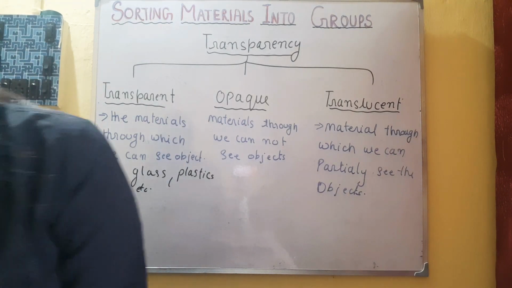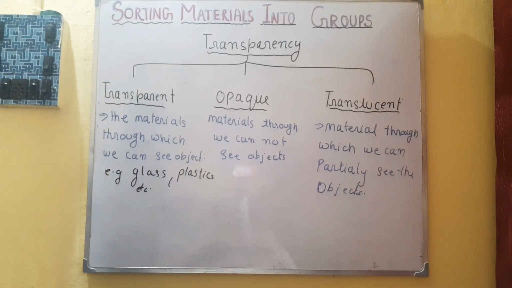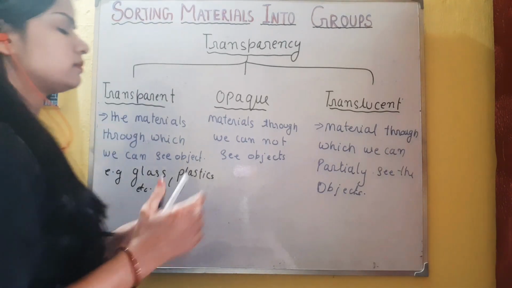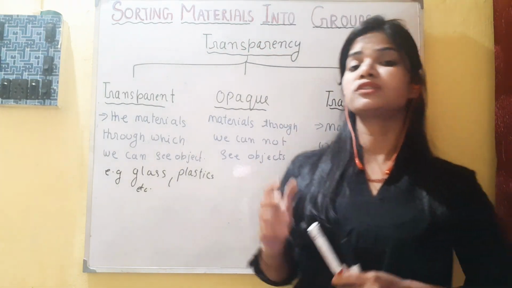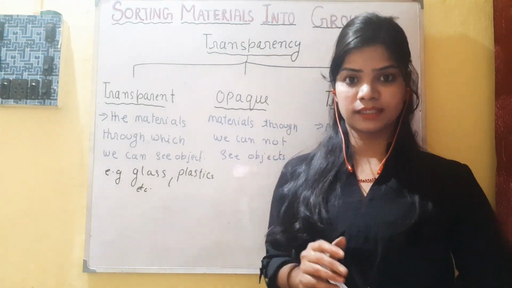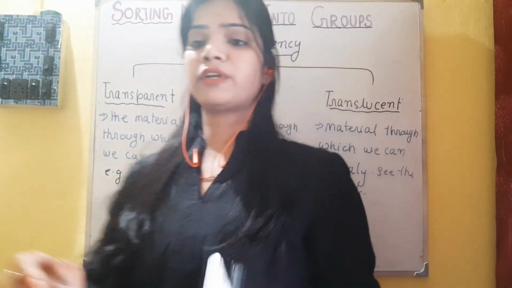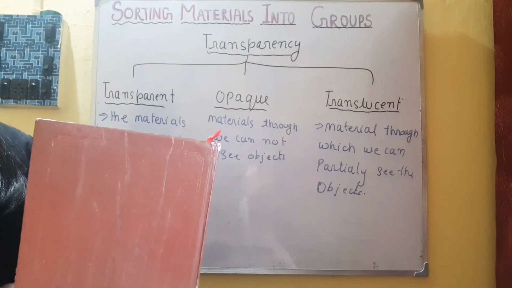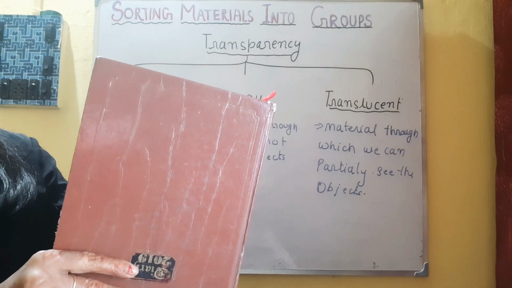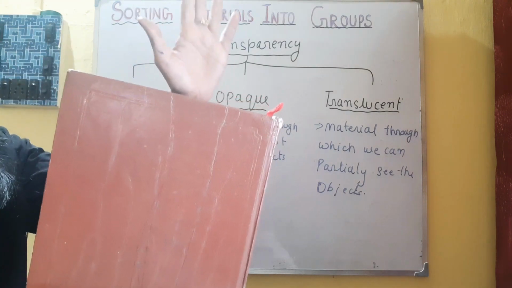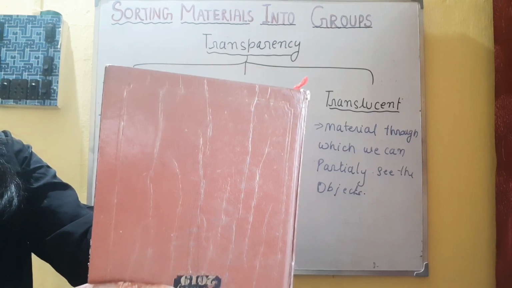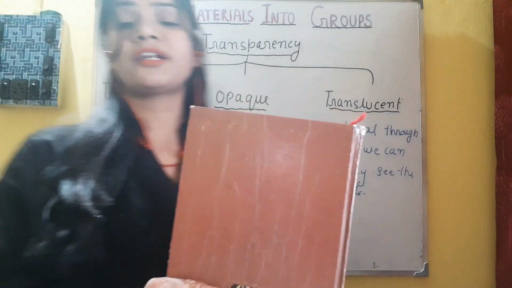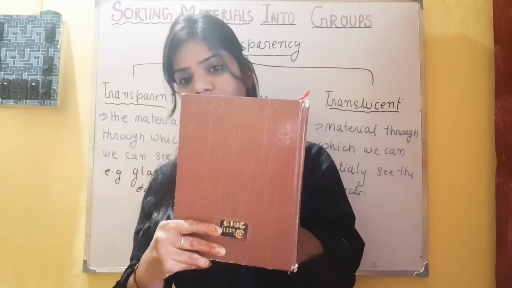Okay, next is opaque. Opaque is the property or the type of material through which we cannot see anything. For example, wait a second. For example, this is a type of cardboard. Okay, and I'm keeping my hand beyond this cardboard. Can you see my hand? No, you are not able to see my hand beyond this cardboard.